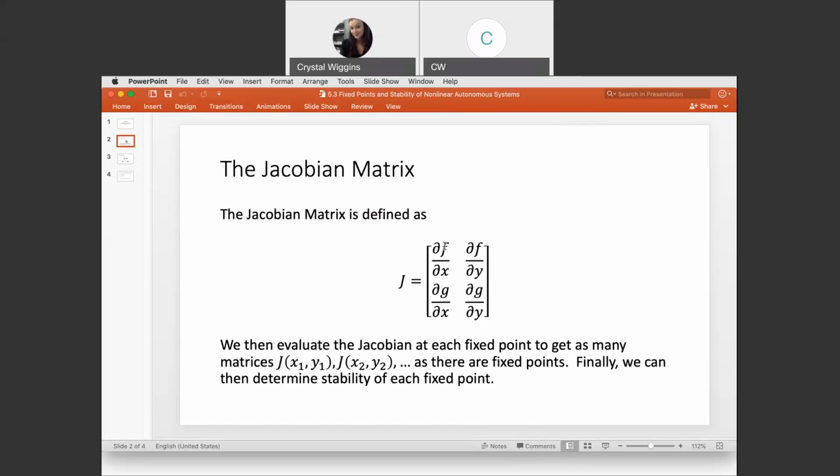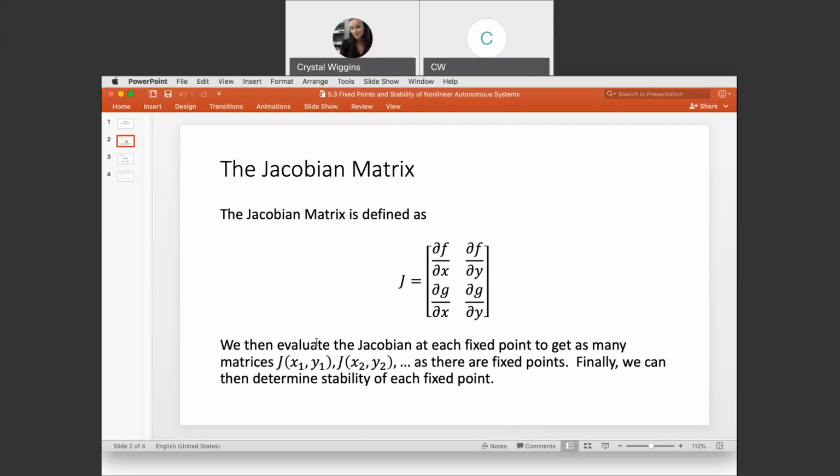So notice if f was the first function listed in the system, then this is saying take the derivative of the f function with respect to x, which means we ignore the terms of y and we only take the derivative with respect to x being the variable, and y is considered a constant, so the terms disappear. And then here we're looking at the same function, but this time we're focused on y as the variable and x being a constant and going to 0. Okay, and we'll practice that.